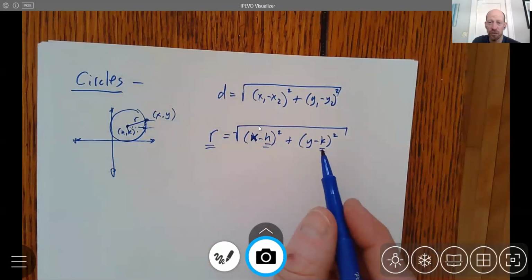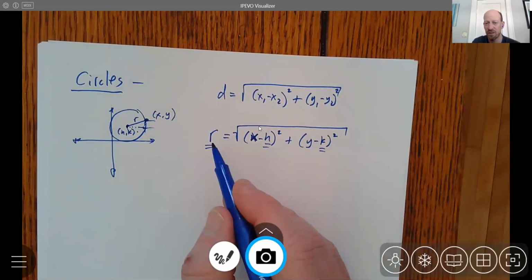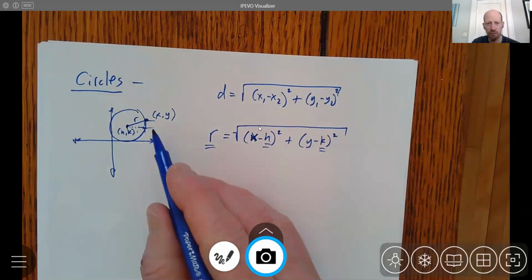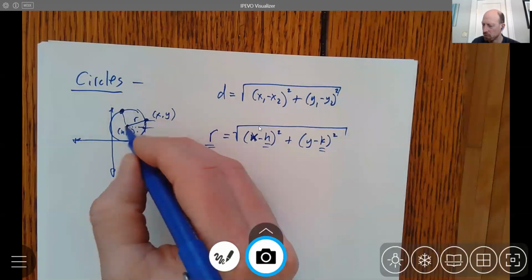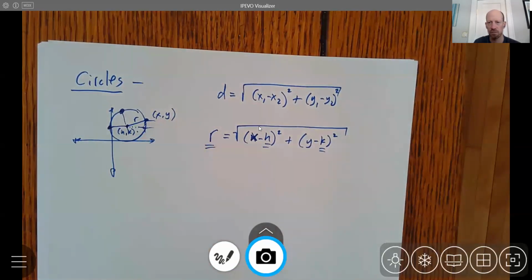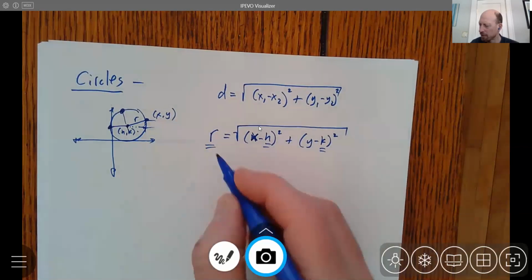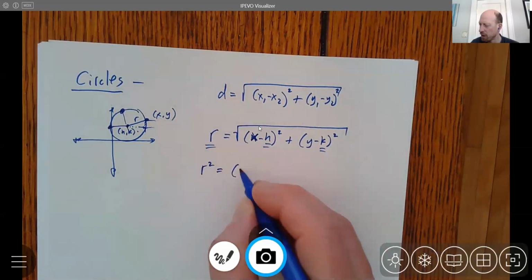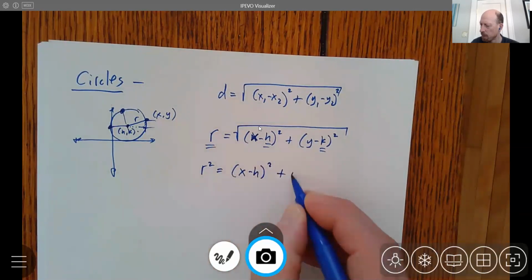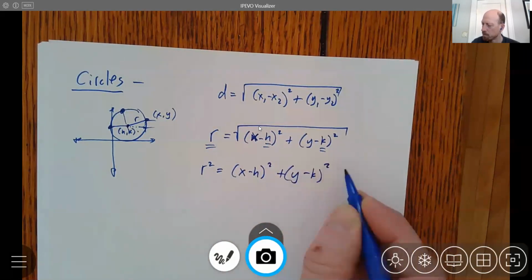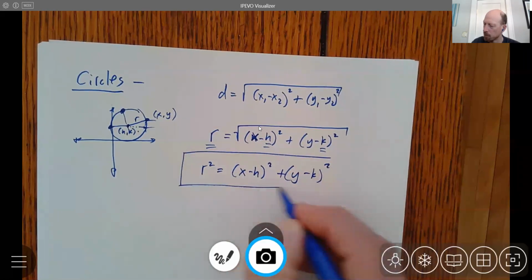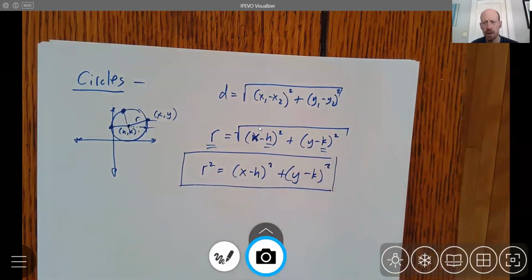Any (x, y) that makes this equation true has a distance of r from the center, therefore it's going to be somewhere on this circle. We normally like to square both sides and rewrite it in this nicer form, and we want to think of that as our equation of a circle.